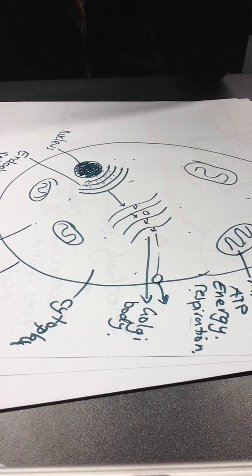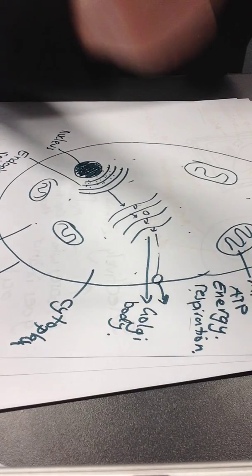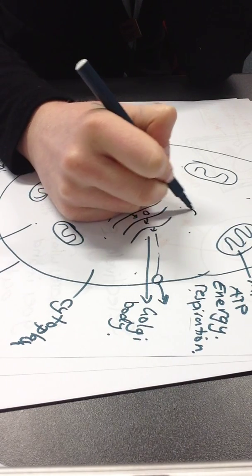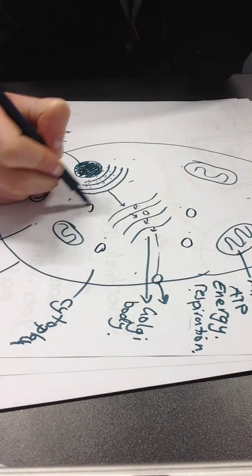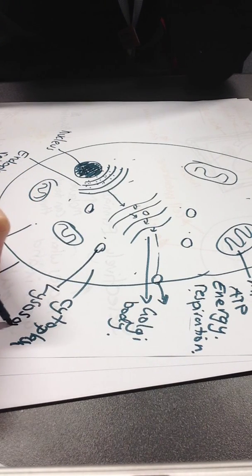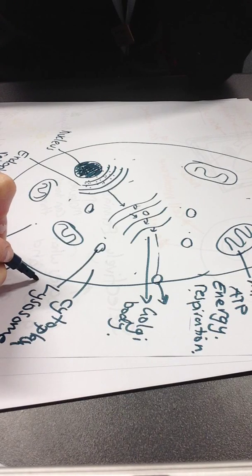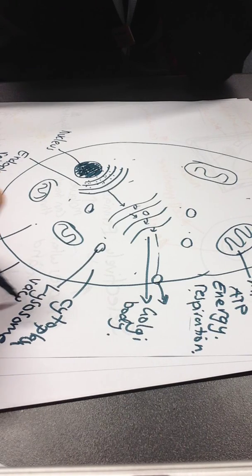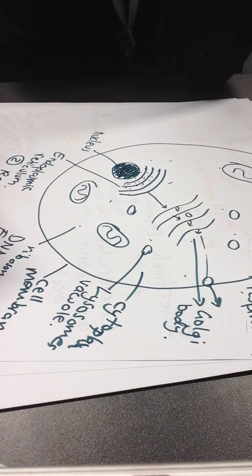Okay, so what else have we got? We got these little things, little kind of circular guys just floating around. These things are called lysosomes, and these are little vacuoles, and inside of them there's a whole bunch of digestive enzymes.